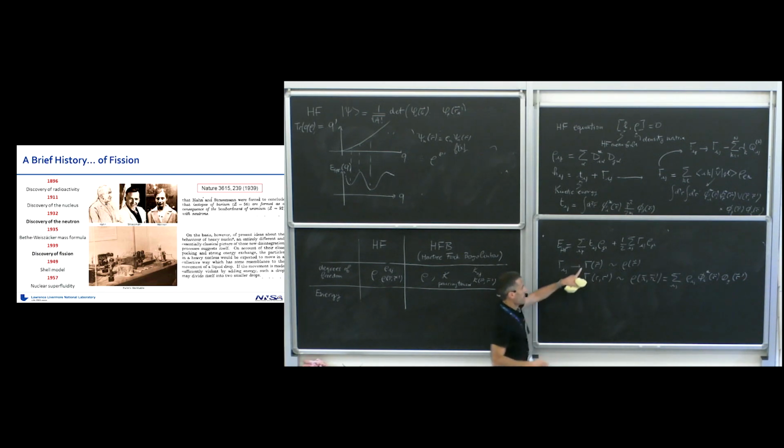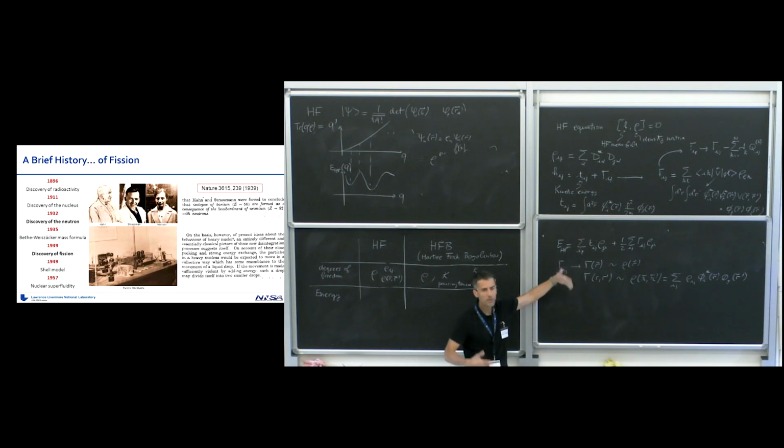This is called the direct term. This is called the exchange term. The direct term is local because it only depends on the density at point R. This one is non-local because it depends on this density here that now has two degrees of freedom, R and R prime. So in configuration space, it's hard to see these two terms.